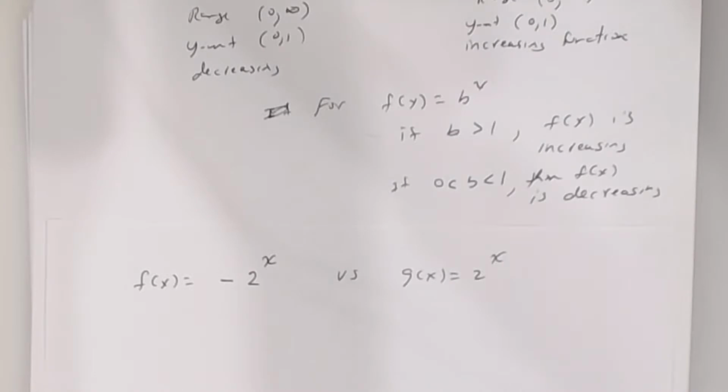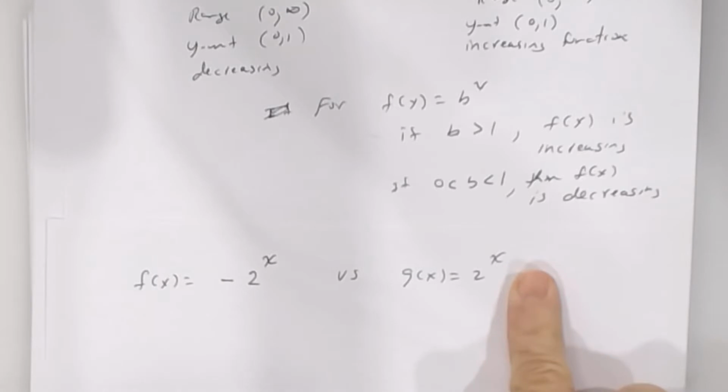All right, let's do g of x first. What kind of function is this? Is this a polynomial function or is this an exponential function? Exponential. In a polynomial function, your exponents are whole numbers. Here, your exponent is the variable. So hence exponential.